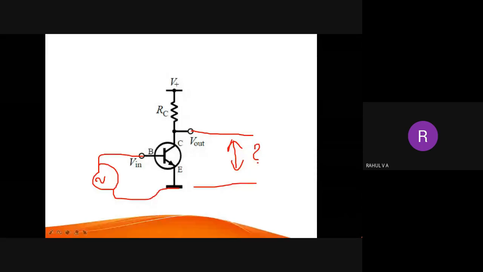If you increase the input voltage to any value beyond the Zener voltage, the output will be constant. That is why it is called a regulator: whatever input you apply after breakdown, the output will be constant.